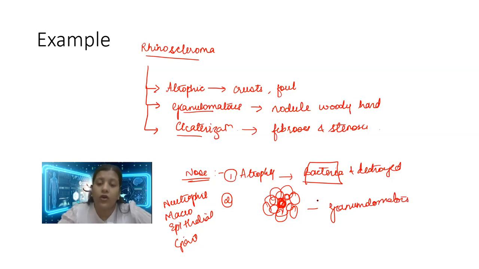Now, the bacteria has first initially tried to multiply. Your immune system has given a response. The third stage is that the destroyed area in the nose has to heal. And how does healing occur? It occurs by fibrosis. So fibrosis is the stage of cicatrization.